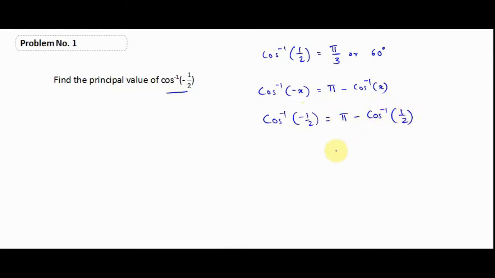Cos inverse of 1 by 2 is nothing but pi by 3. So pi minus pi by 3, we get 2 pi by 3. So here the answer is 2 pi by 3.